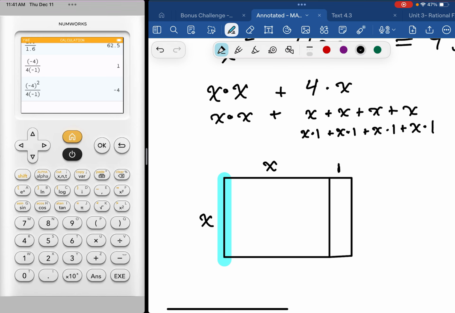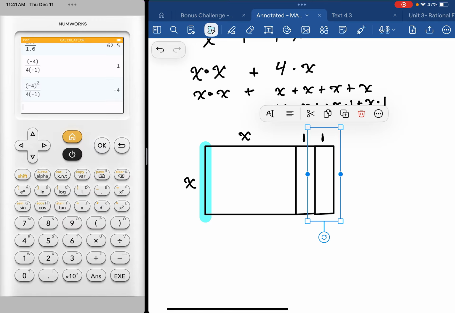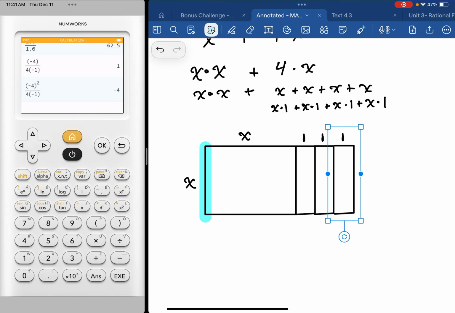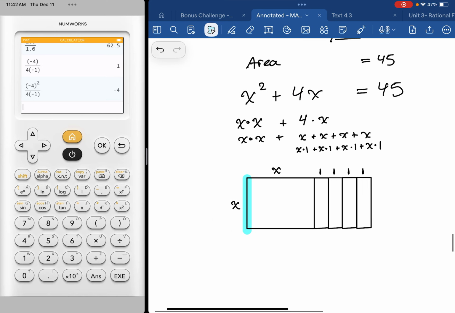That distance, I'm just going to call 1. So I need 4 of those rectangles. If I could figure out the area of this rectangle, then I would be able to determine the value of x.